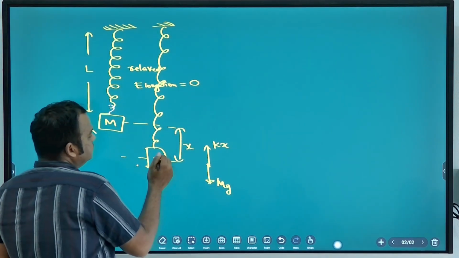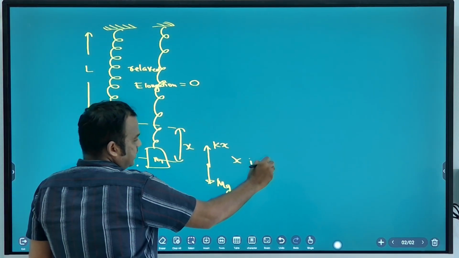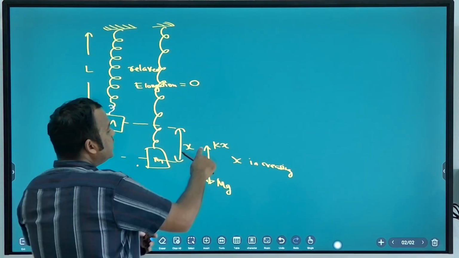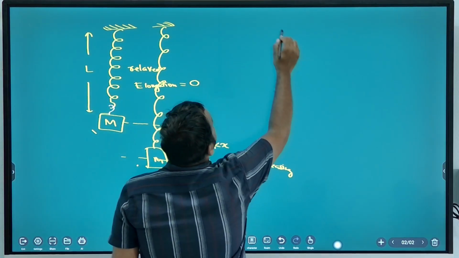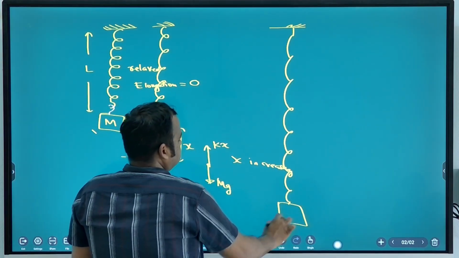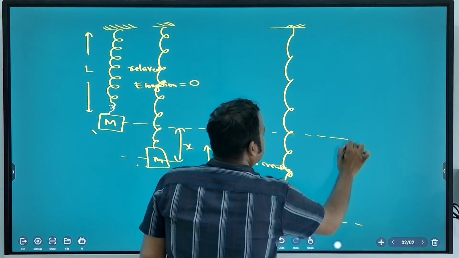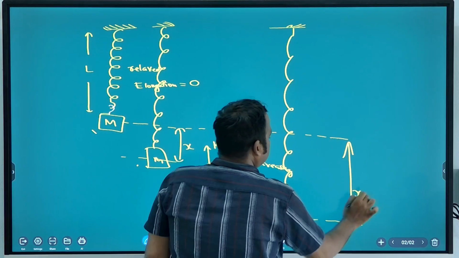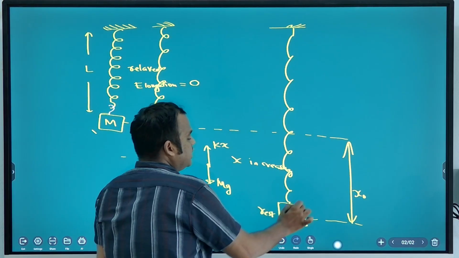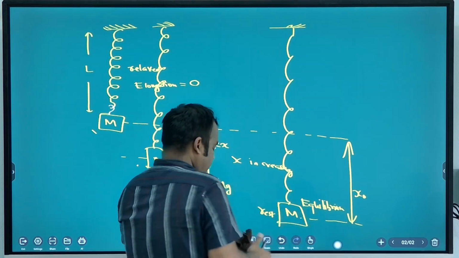So x is increasing. And when kx becomes equal to mg, the block will come to rest. Now it is at rest. So this is known as equilibrium. What do you mean by equilibrium?